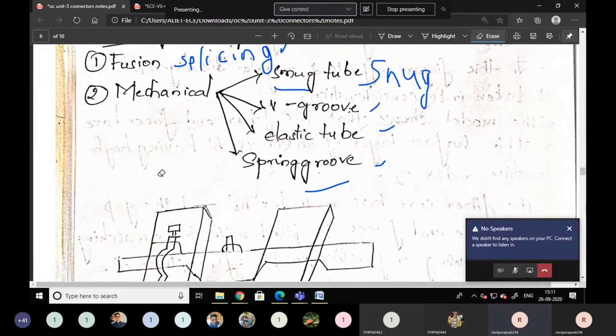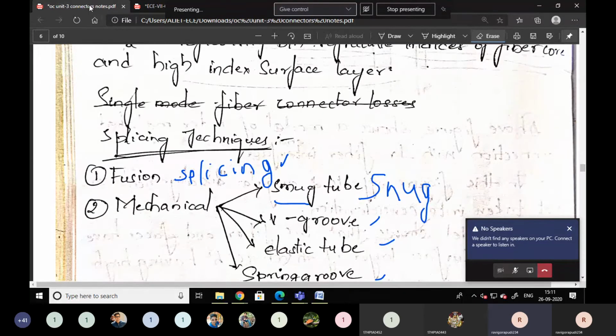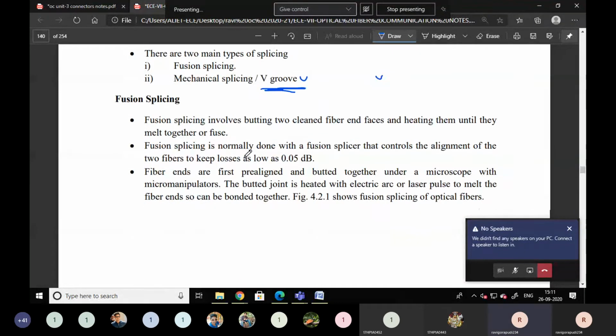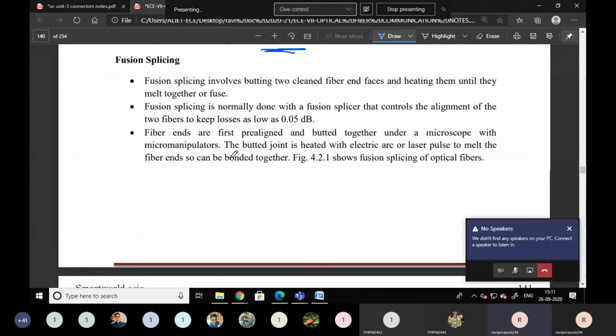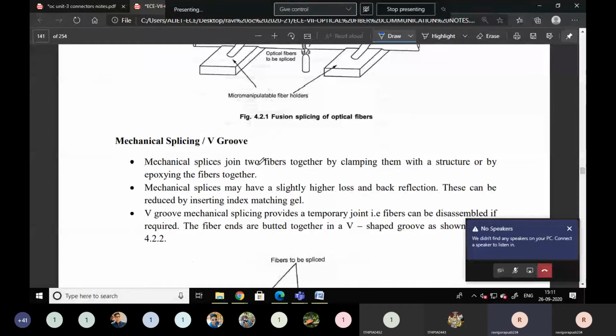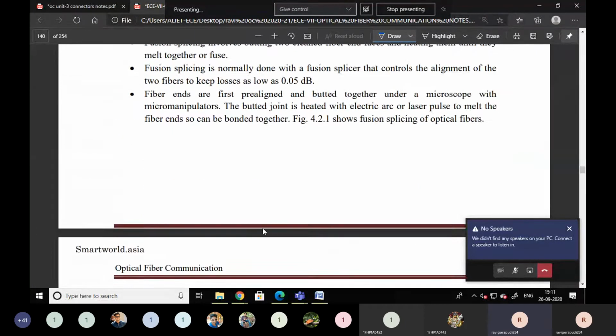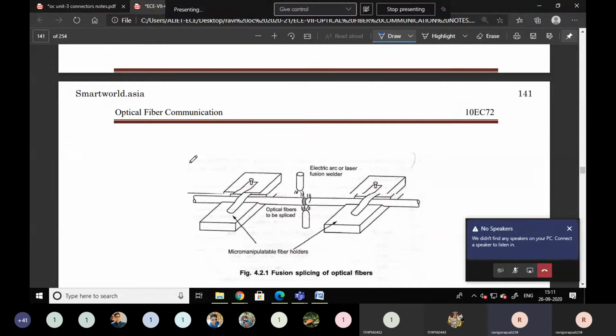We have the dispersion concept in the second chapter, which we will discuss. Then first one, fusion splicing. After discussing a few points, you can draw this diagram. Then only you can understand; otherwise it is somewhat difficult.